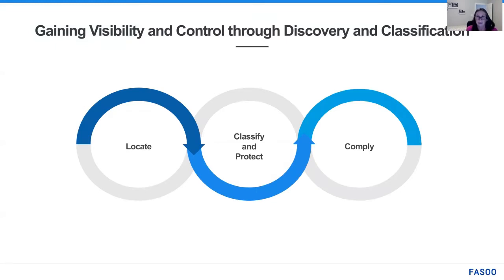And once you do that, you locate, you classify and protect it, but you have to do that at the file level. When you take all these steps to find your unstructured data, classify and protect it at the file level, then you'll be on your way to stronger security and stronger compliance to security regulations or privacy regulations.